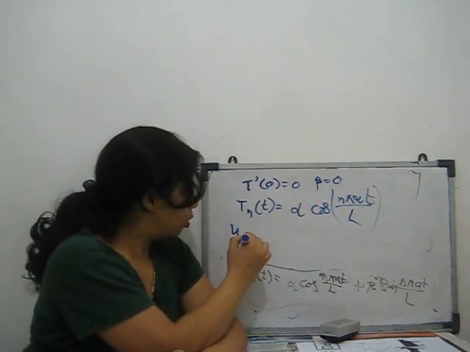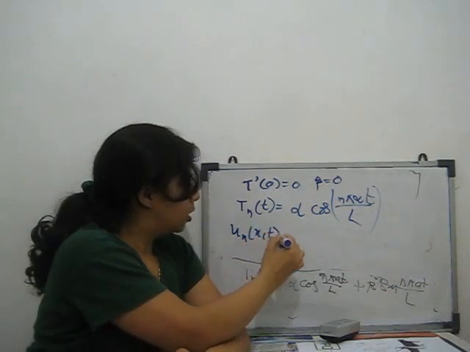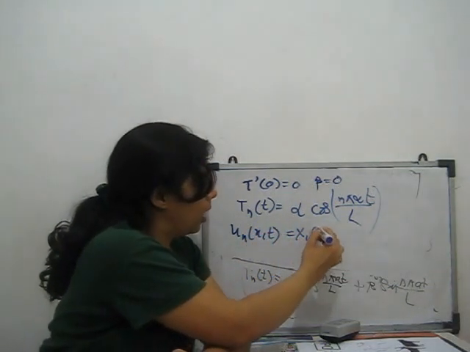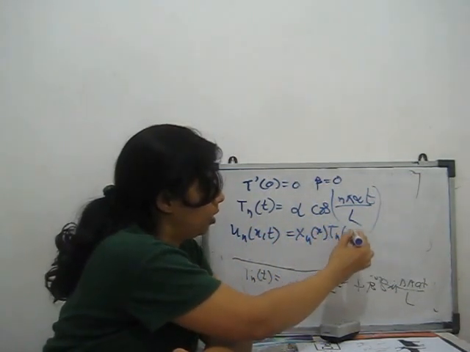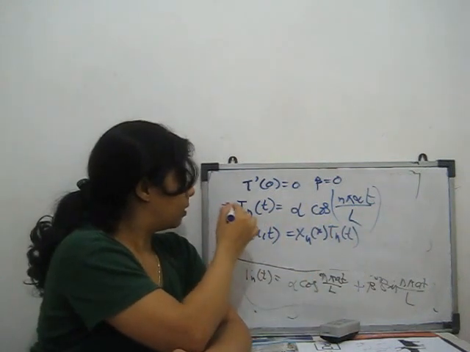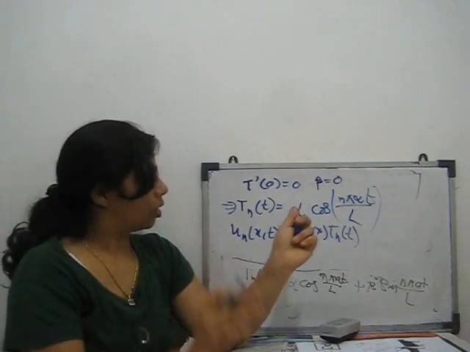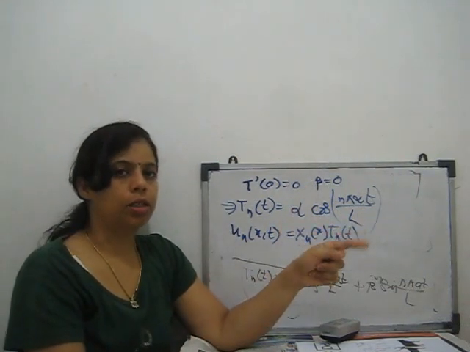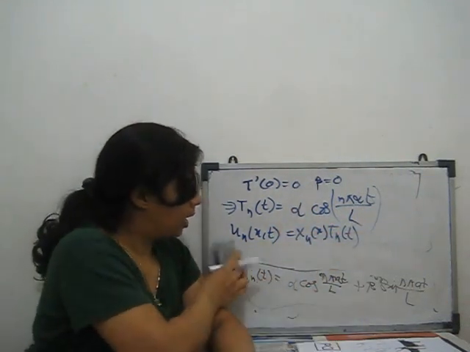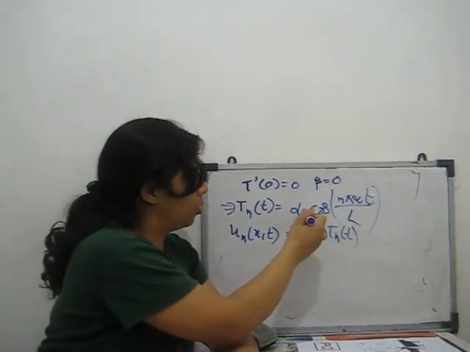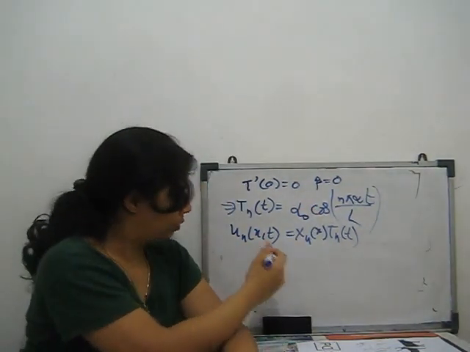Now the fundamental solution u_n(x,t) is equal to X_n(x) T_n(t). Substitute the value of Tn as this, X we already found previously, and combine the coefficients alpha and alpha 0, or we can say alpha, beta and all that. You should take this equal to alpha 0, so alpha 0 we combine.